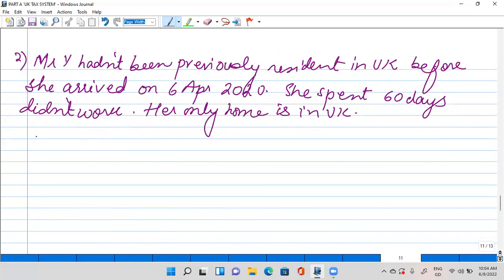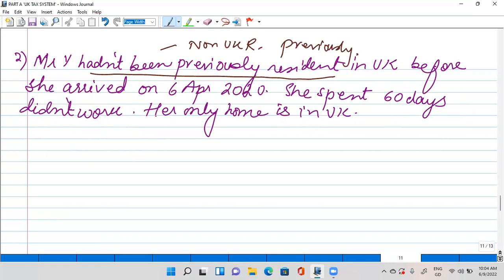Second one, Mr. Y had not been previously resident. It means that previously he was a non-UK resident. Before she arrived on 6th April 2020, she spent 60 days, didn't work. Her only home is in the UK.